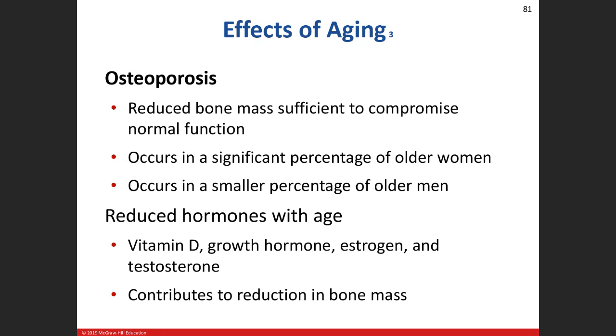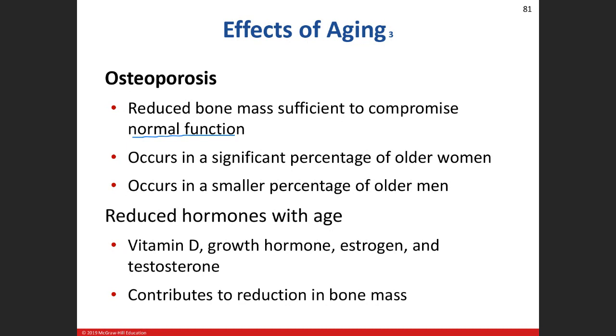Osteoporosis, the big one here. This is when your bone density has gotten so bad that it now starts to compromise the normal function. We know what the function of bones is, mainly support. So if we can't support, what's going to happen then? We can start to see an increased incidence of fractures, bone pain, degeneration, even, God forbid, osteoarthritis.